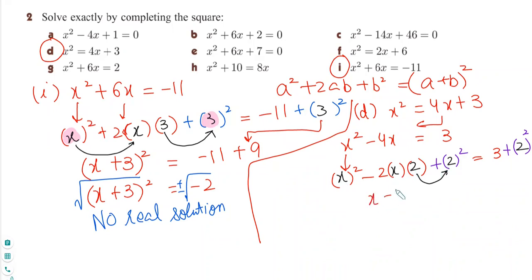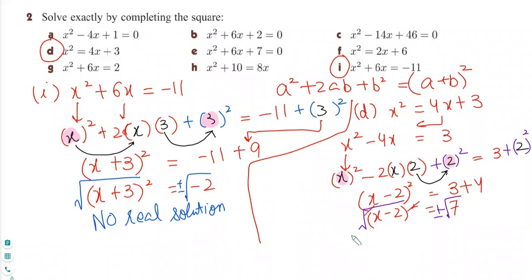So this will be x minus 2 whole square, where a is x and b is 2. So a minus b whole square. And we have 3, 2 square is 4. So we get x minus 2 whole square is equal to 3 plus 4, 7, right? Now taking square root of both sides, plus minus square root of 7.